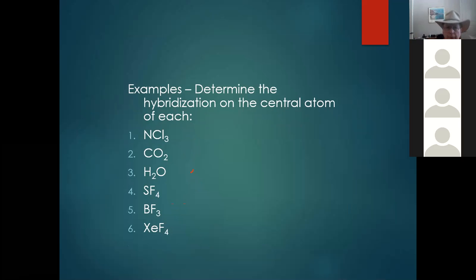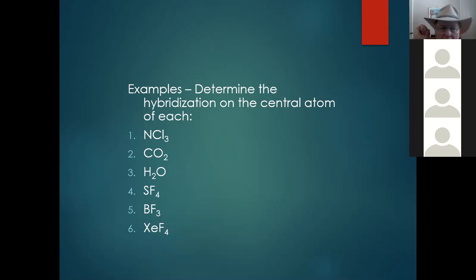NCl3. 4 domains. What's the hybridization, Jasmina? Sorry, for which one? I've got 4 clouds around the nitrogen. There's a lone pair and 3 bonds to chlorine. What's the hybridization of the nitrogen in NCl3? sp3.